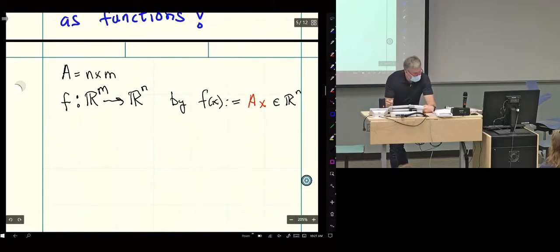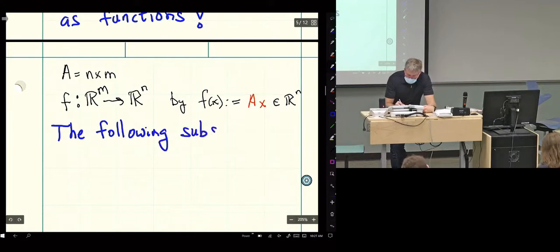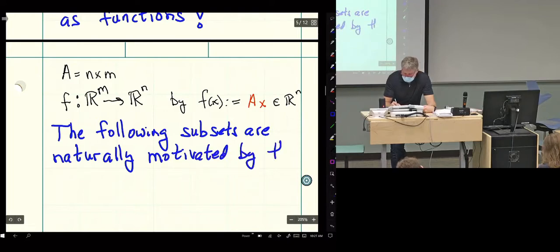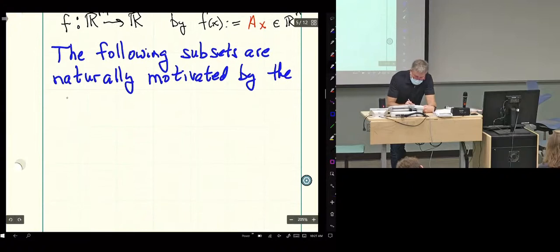Okay. So the following subsets are naturally motivated by the function view of a matrix.